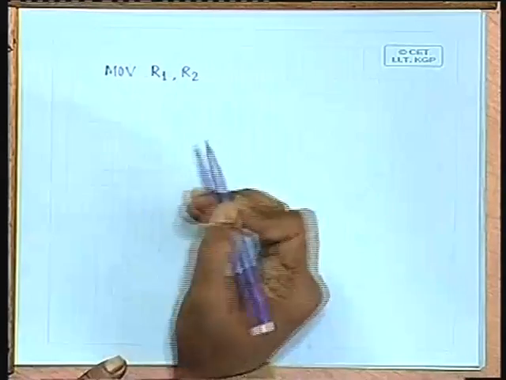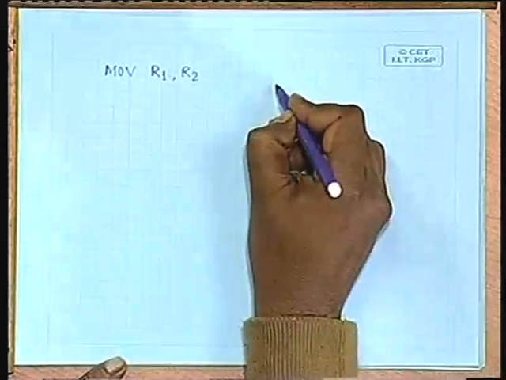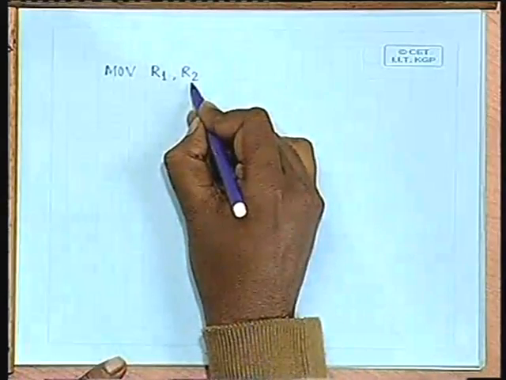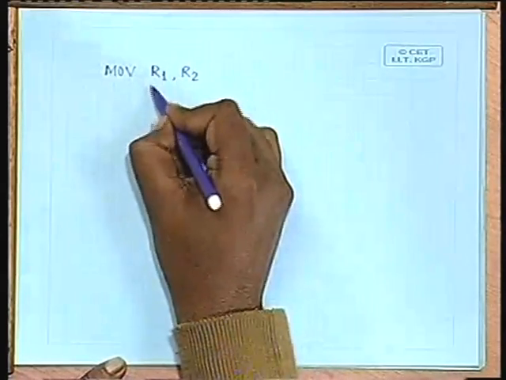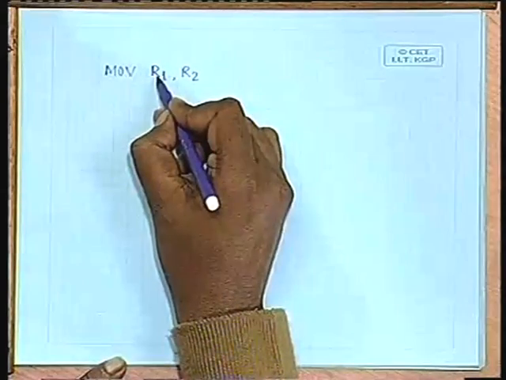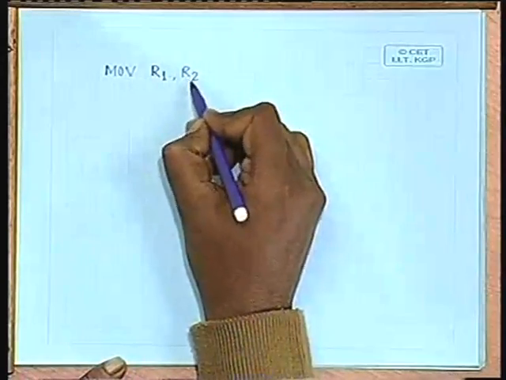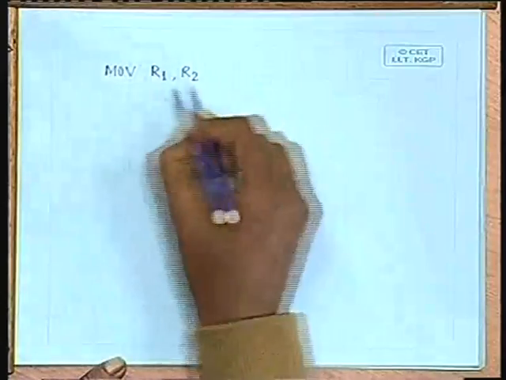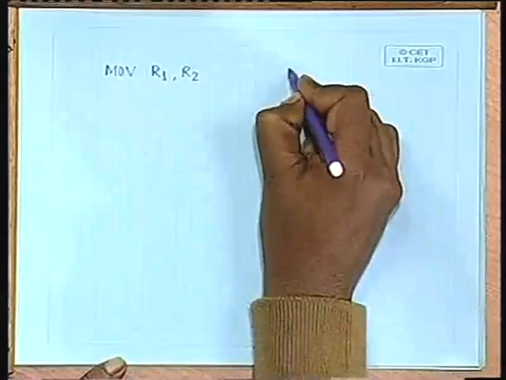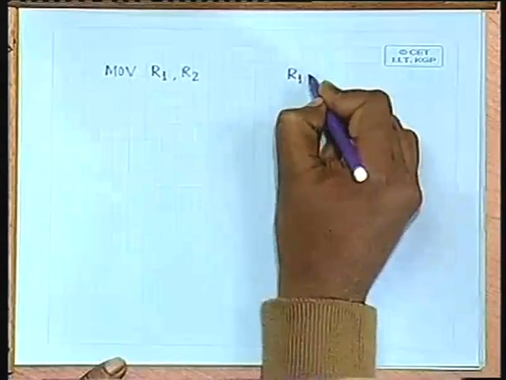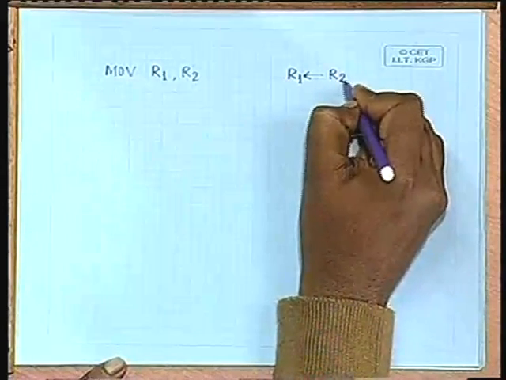R1 and R2 are two general purpose registers in the CPU, and this instruction will move the data from register R2 to register R1. This is a convention which is mostly used, that the first operand that you mention in the instruction is the destination, and the second operand that you mention in the instruction is the source. So, this operation will simply move the data from register R2 to register R1.